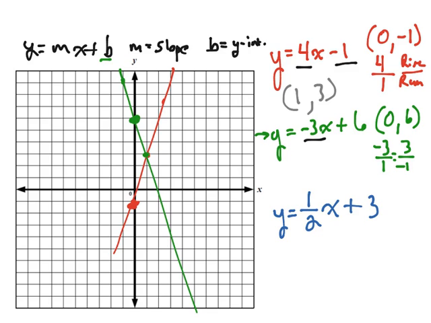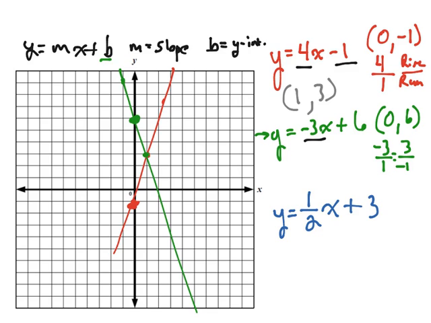I'm going to pause for a moment and let you stop the video, and then come back to it after you've graphed it. Okay, now that you're back, the slope is 1 over 2. Didn't we put the rest of them in a fraction? So we already have a fraction.